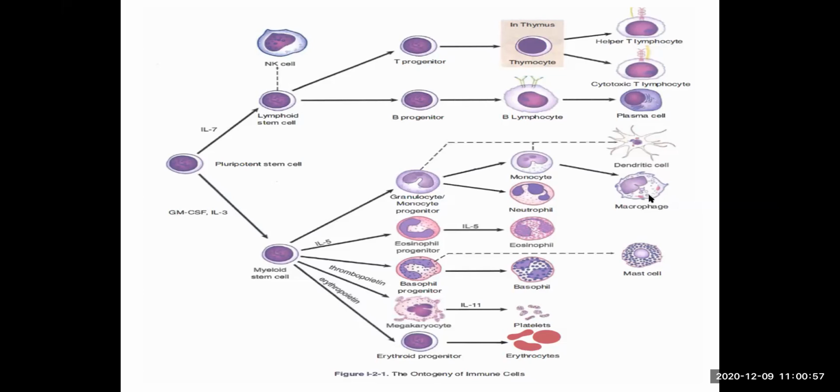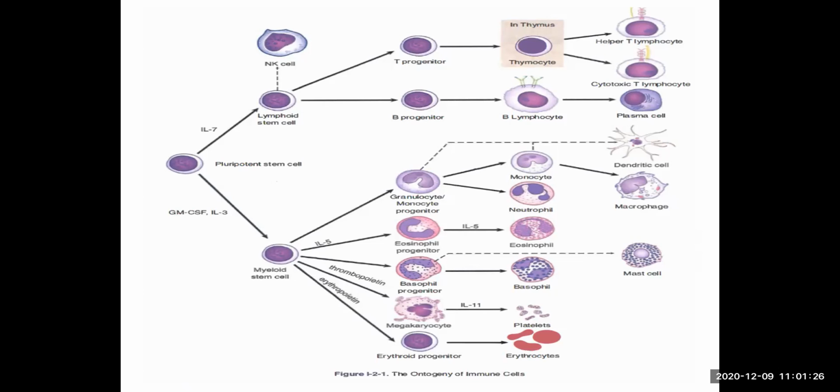In the brain, what is the name of the macrophage? Microglia. Micro, not macro; it is a microglial cell. On the skin, what is the name of the macrophage? Langerhans cell. Exactly, Langerhans cell.